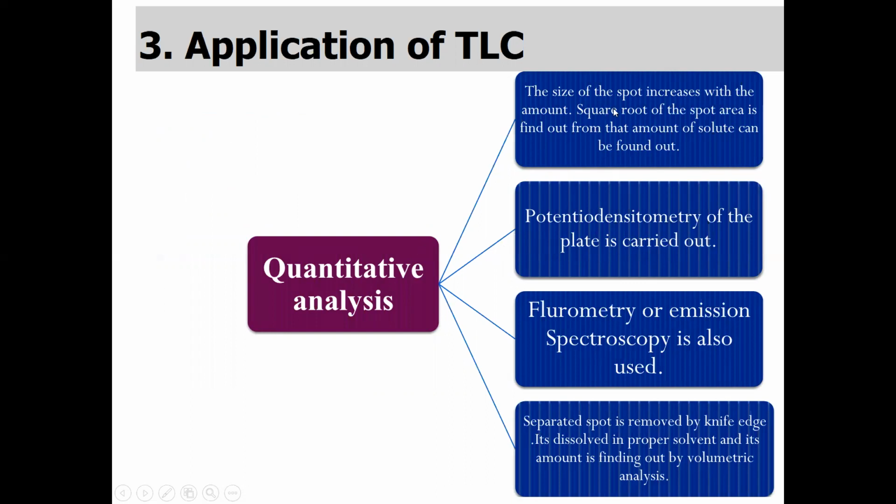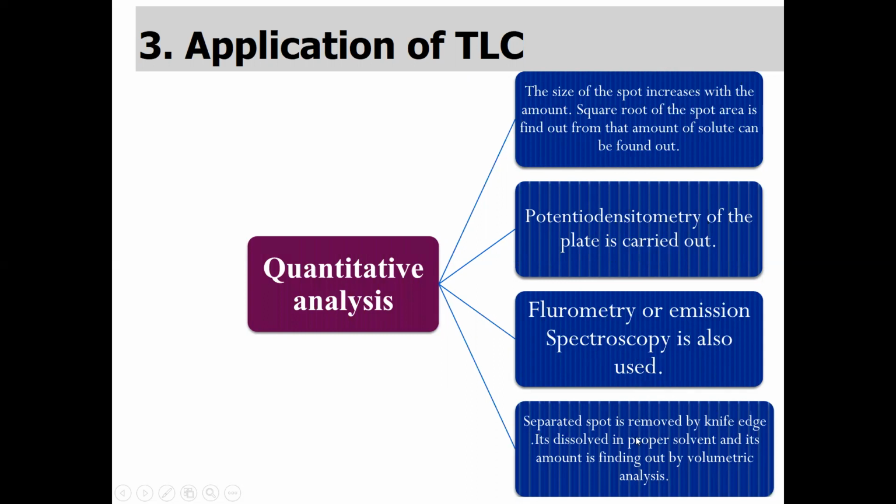For example, the size of the spot increases with the amount. The square root of the spot area is found, and the amount of the solute can be found, to use TLC for quantitative purposes. And densitometry of the plate is carried out to use TLC for quantitative analysis.